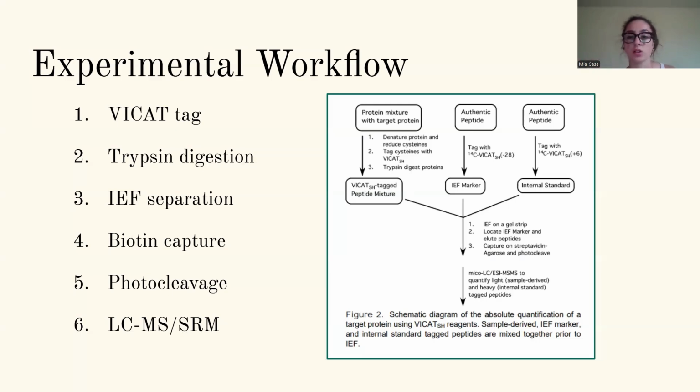And then these peptides are analyzed using micro liquid chromatography coupled to an electrospray ionization ion trap mass spec, specifically using the SRM mode for the quantitative analysis. Each step in this process enhances the specificity and reduces background noise and enables us to identify or quantify low-level proteins.